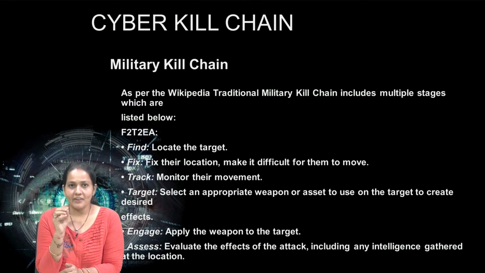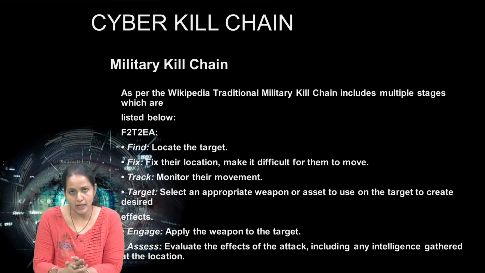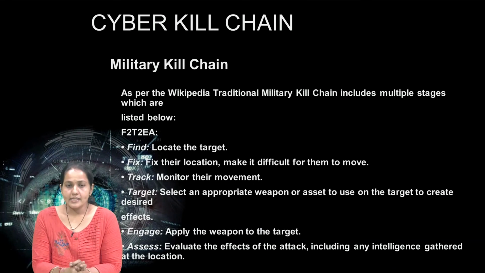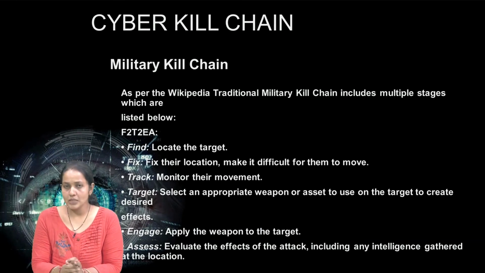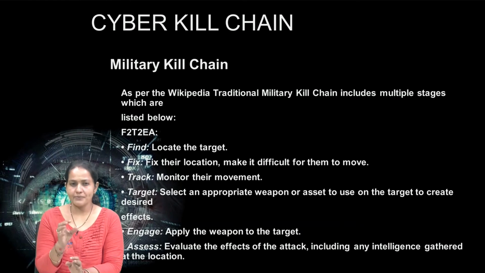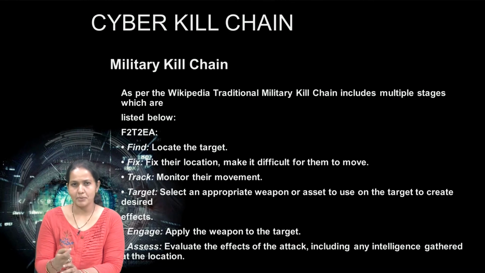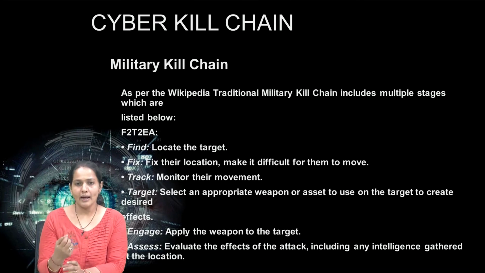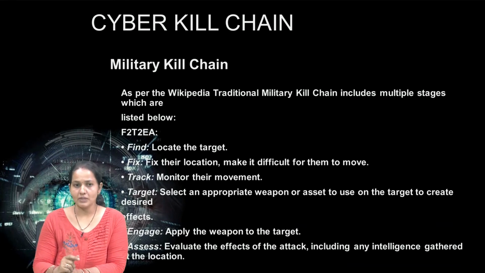Then track, that means monitor the environment, the entire environment, in case you find any type of leak. Target: select an appropriate weapon or asset to use against the target to create the desired effect. That means select the appropriate weapon, security mechanisms or any assets, to prevent that attack.